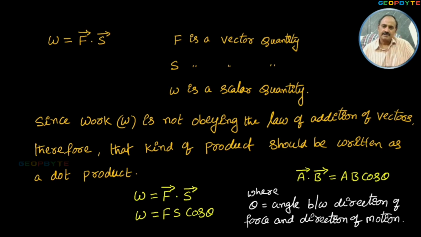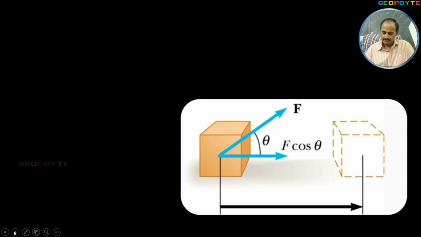Okay, understood clearly? Yes. Then once again, look at the force which is acting on the block. This is the force acting on the body with a magnitude F at an angle theta with respect to the horizontal direction. Then it is developing two components of force. One is F cos theta, and that F cos theta is causing the displacement.